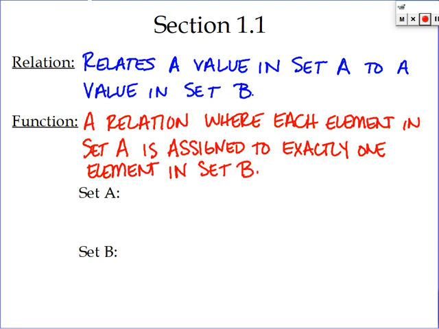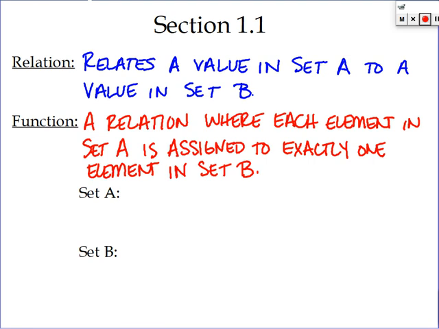Put some rules in here. So we now have this relation, but every element in set A gets exactly one element in set B. Notice that it's not vice versa. One element in set B does not have to have exactly one in set A, but one in set A is assigned to one in set B.